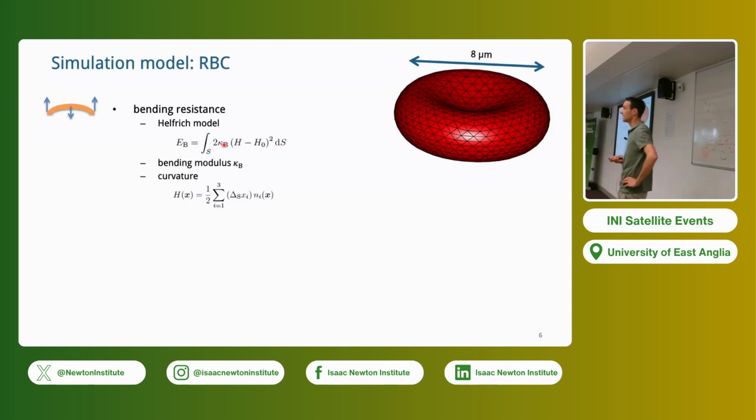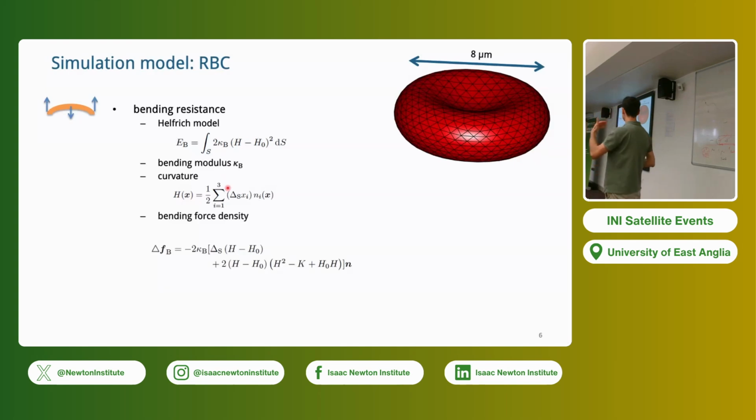The curvature can be written like this. So for an infinitely thin sheet in a 3D space, the curvature is the Laplacian, or the surface Laplacian, the so-called Laplace-Beltrami operator applied on the surface. And then if one derives the forces from this energy, one needs to take derivatives.